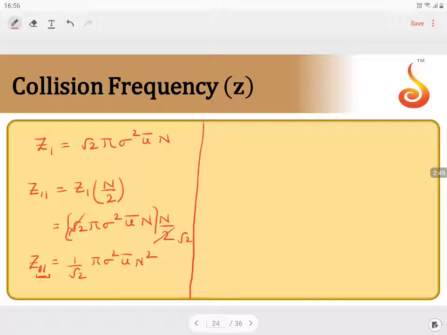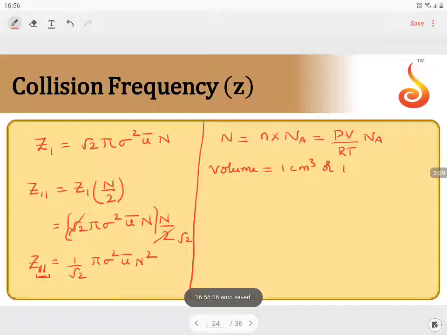The number of molecules n is the number of moles into Avogadro number. The number of moles can be written as PV by RT, into Avogadro number. I am taking unit volume, which can be either 1 meter cube, 1 liter or 1 centimeter cube.